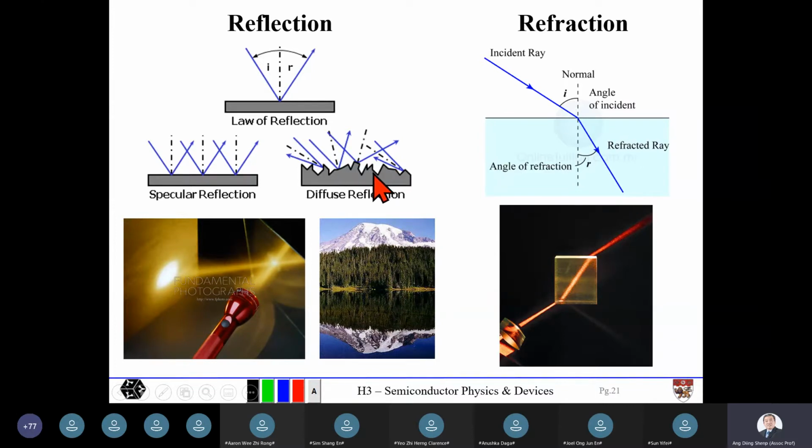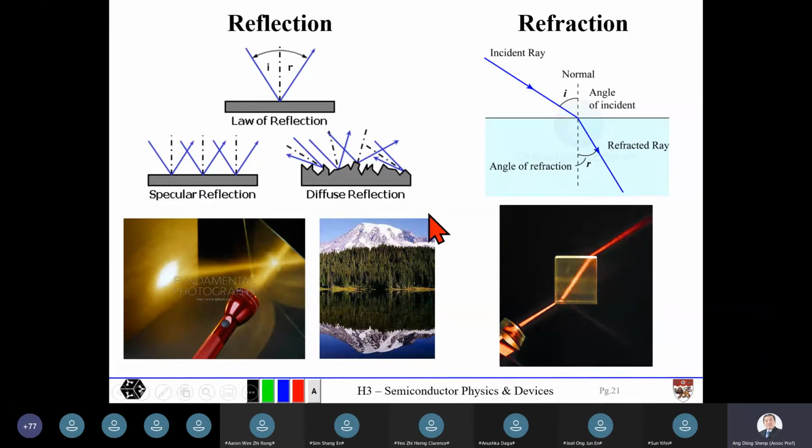When the light shines on a rough surface, you get rays reflecting in all different directions, because the angle of incidence can be very different at different parts of the surface. So you get reflection coming from many different directions.